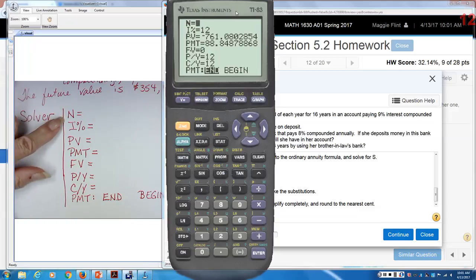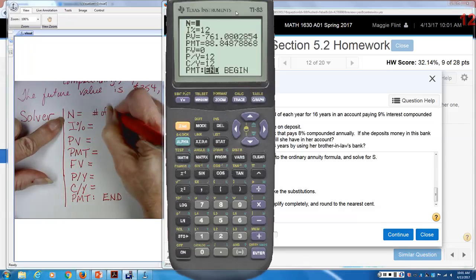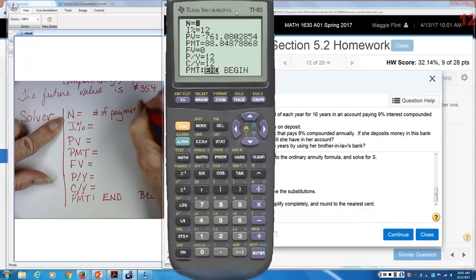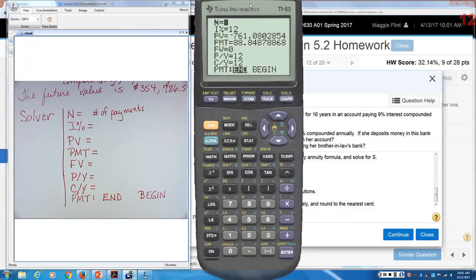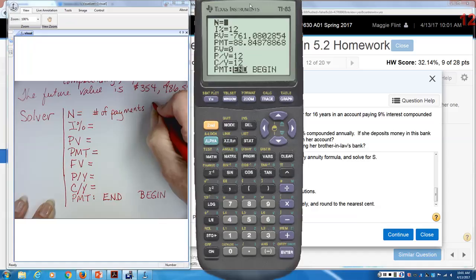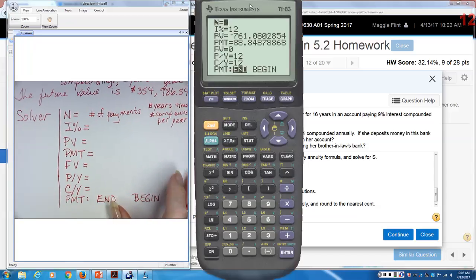Okay, N is the number of payments. And the way that you find it is the number of years times the number of compounds per year, the number of times that it's compounded.